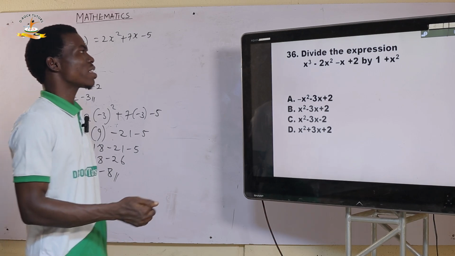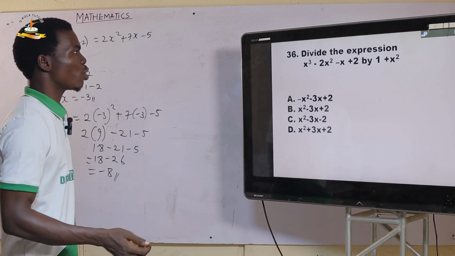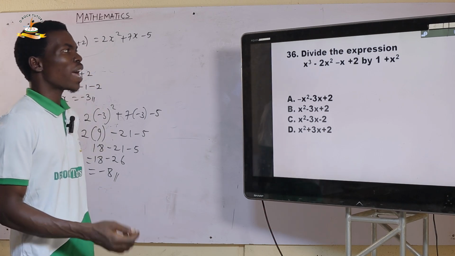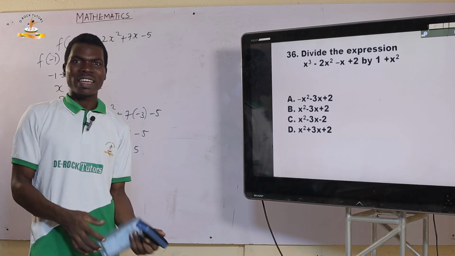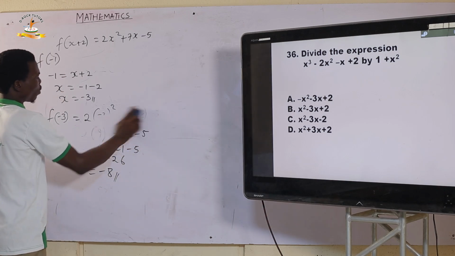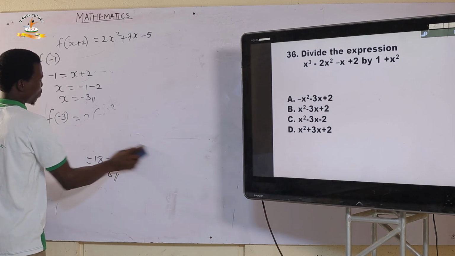Alright, question 36 says divide the expression x raised to power 3 minus 2x raised to power 2 minus x plus 2 by 1 plus x squared. This is division of polynomials, so let's see how that happens.